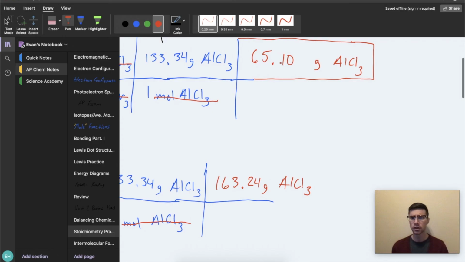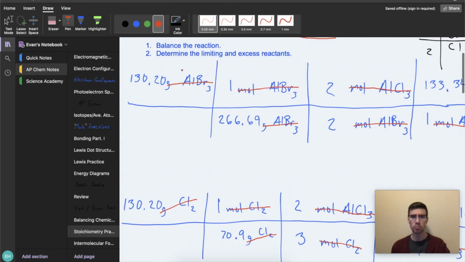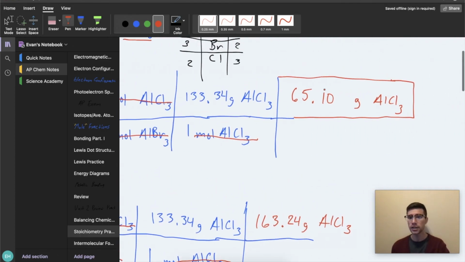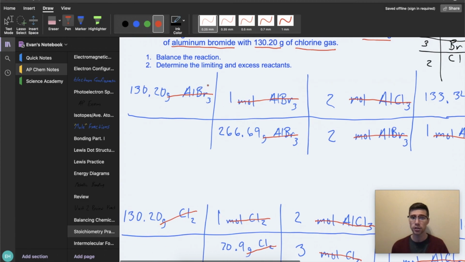However, from the amount of aluminum bromide, we know we can only get 65 grams of aluminum chloride, or a little bit over 65 grams, which means that there's no way we're actually going to be able to produce this much, because by the time we get to 65 grams of this aluminum chloride being produced, that tells us we've already used up all of our aluminum bromide.